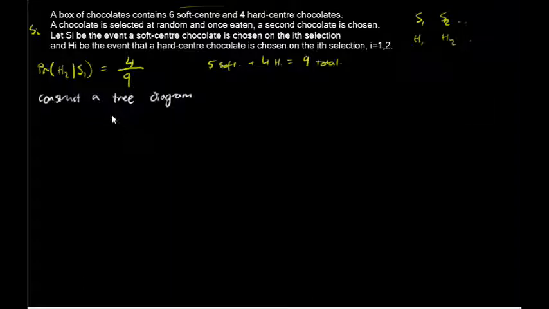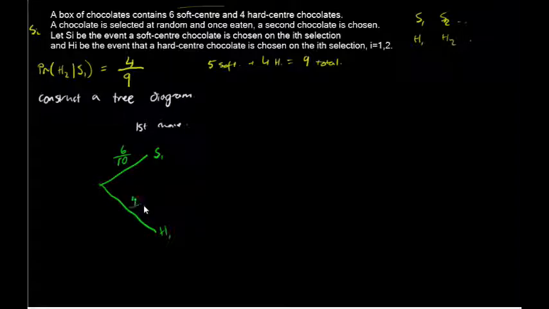So now we want to construct a tree diagram. So we've got our first choice, and we can either choose a soft center or hard center. And choosing a soft center is 6 out of a total of 10.